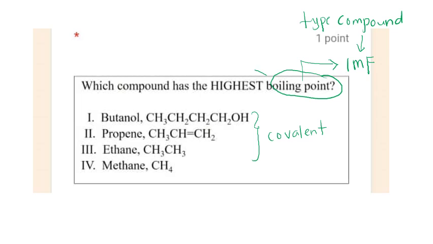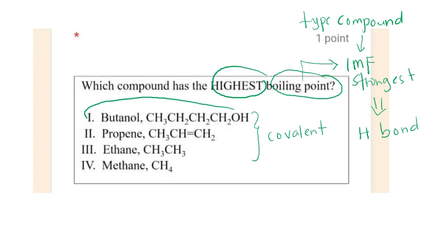We need the highest boiling point, so we have to look for the strongest intermolecular force. The strongest intermolecular force that can be found between covalent compounds is the hydrogen bond. Here, very obviously, butanol is the compound able to form hydrogen bond. So that's why butanol has the highest boiling point.